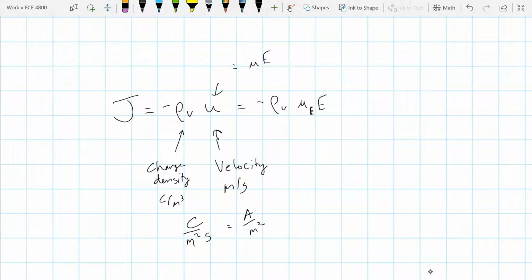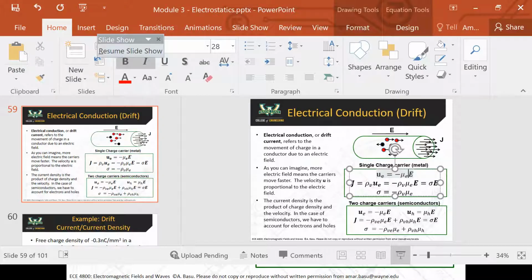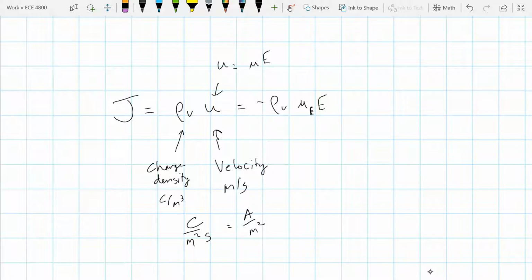I know it's a little bit confusing, maybe partly because my handwriting's bad, but I think u and mu is a bad idea. J is equal to positive rho v times the velocity. It's supposed to be positive. Oh, right, I'm sorry, ignore this. The negative sign comes from the fact that u is equal to negative mu times the electric field.